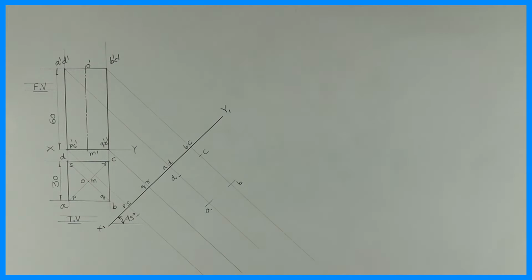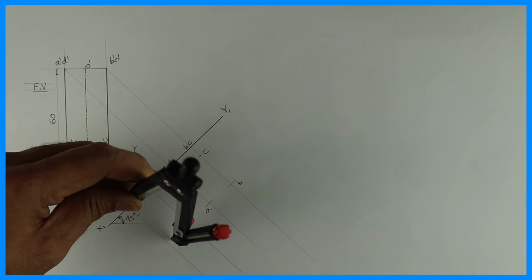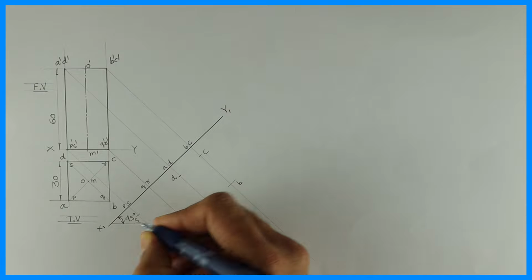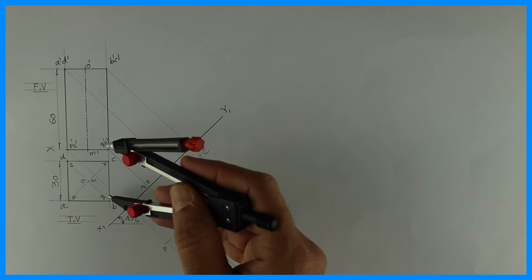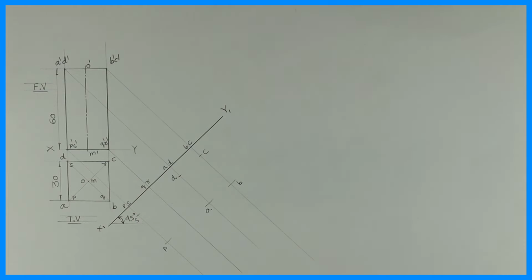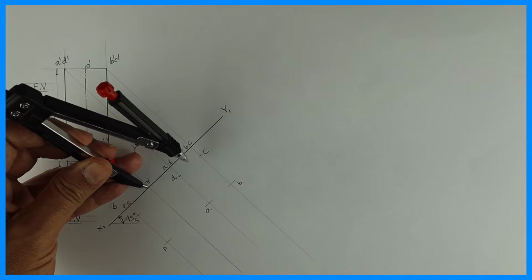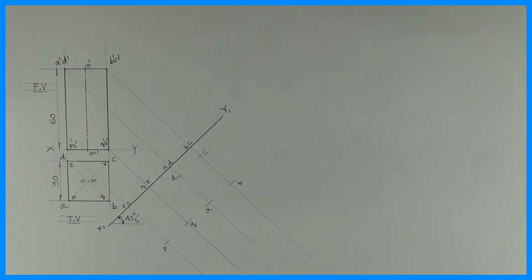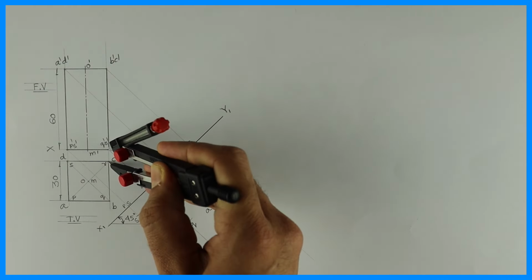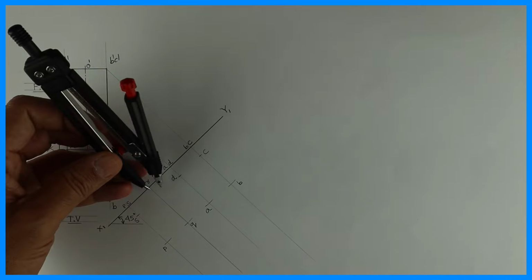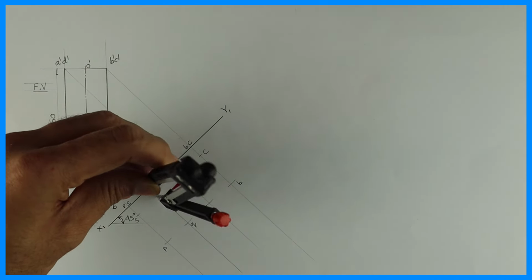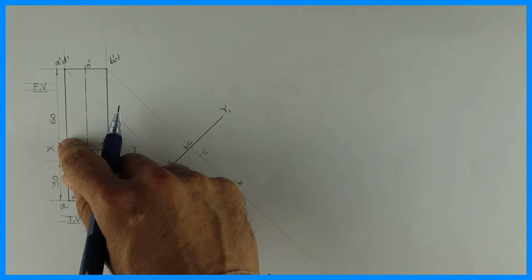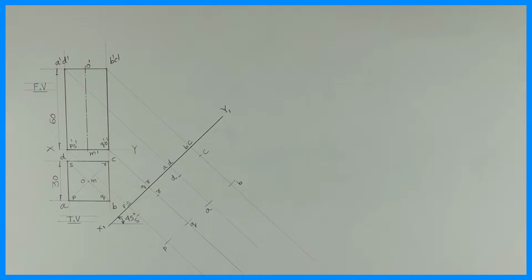Sorry, XY to S. And this is P. So we got P and this is S. Same way I will take XY to Q and XY to R. This is XY to Q, and XY to R. So this is PQRS. Transfer like this.